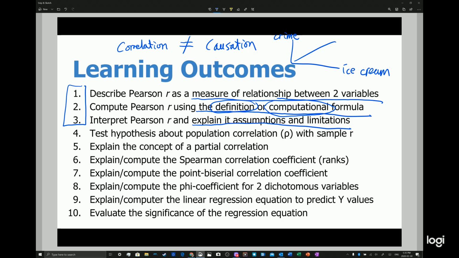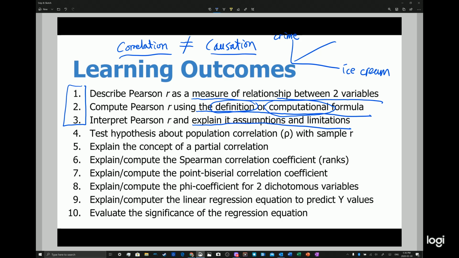So again, people are outside, the weather's hot, they're probably going to get ice cream because the weather's hot, and because they're outside, the homes are probably empty, so more homes are liable to be broken into. So the idea that correlation does not necessarily equal causation is going to be one of its limitations. We're going to explain this in detail in the next slides.